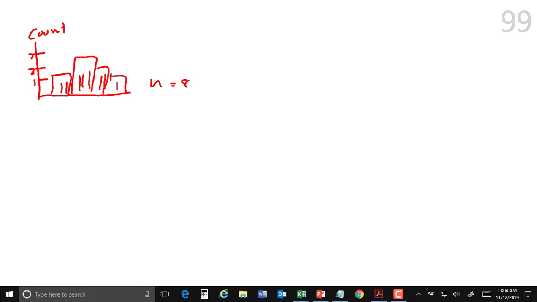And then we did a histogram, which is basically the same thing, except we take the tallies and divide by 8. So here we had 2/8, which is 1/4, and then 3/8, if you recall. And then we have 2/8 and 1/8.